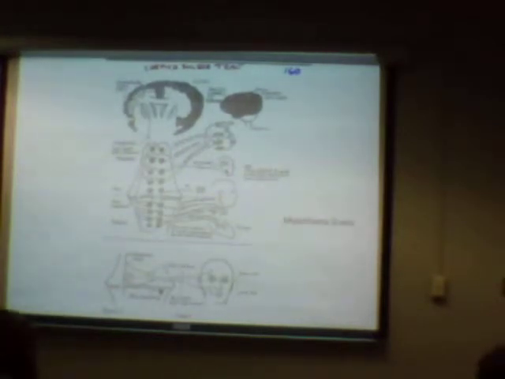Characteristic symptoms. Does anybody know anybody with myasthenia gravis? No? You've seen people with myasthenia gravis on field work? It's not uncommon. It's more common in females than males. Roughly 20 to 50-year-olds, sort of young adult, middle-aged, that's when it usually shows up.